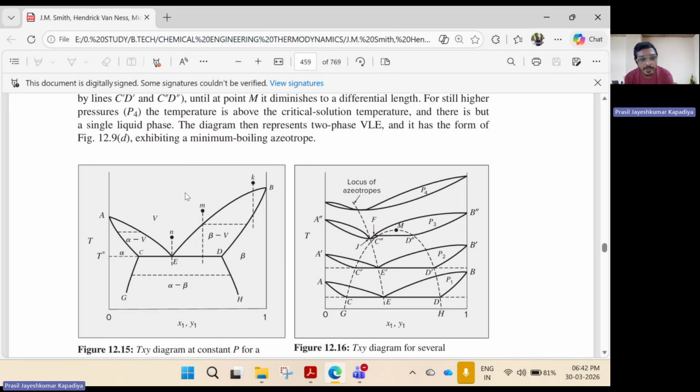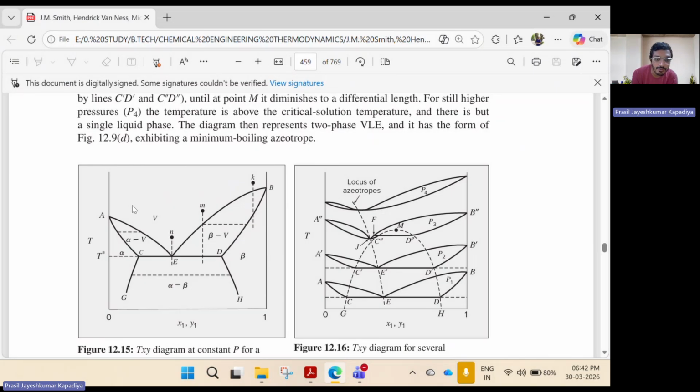So when I start from the point K and decrease the temperature, what is going to happen? I am going to convert from vapor phase to liquid phase. First dew appears, and on further reducing the temperature, liquid and vapor will be in equilibrium. With further reduction of temperature, we will have pure liquid beta phase.